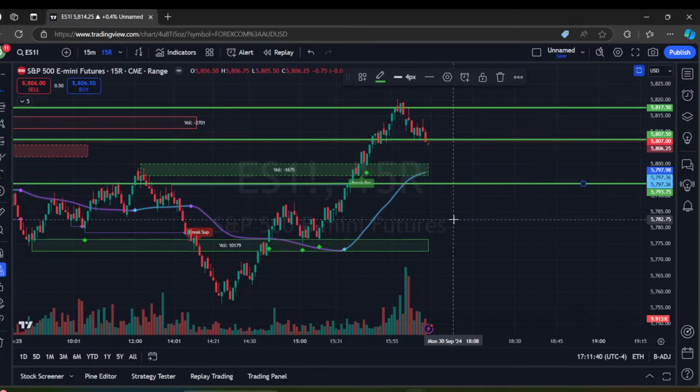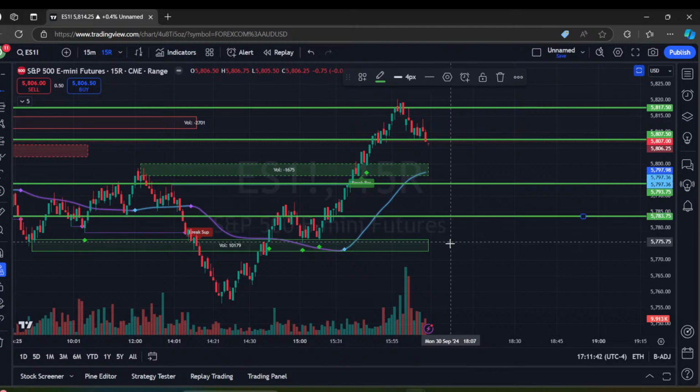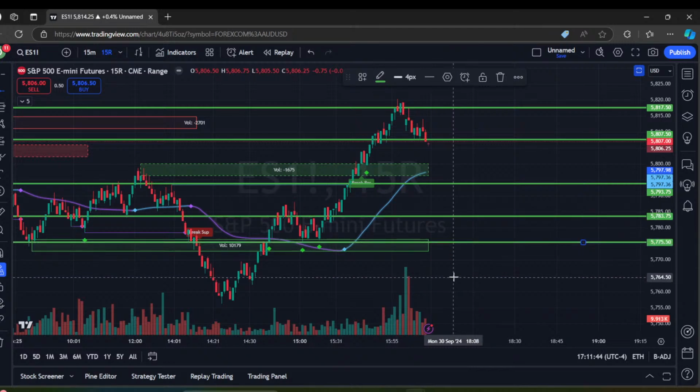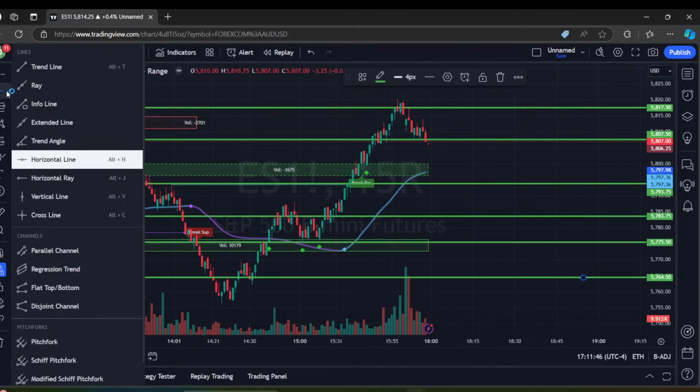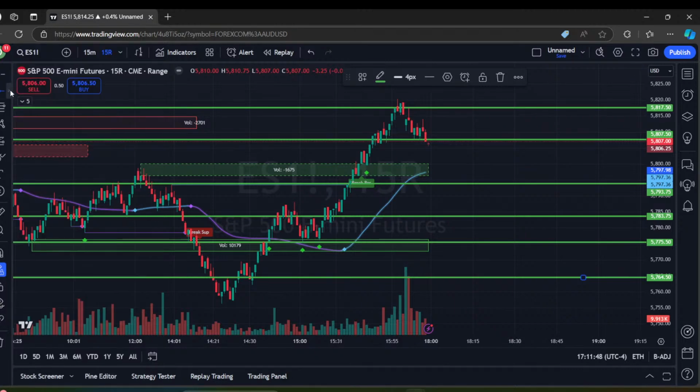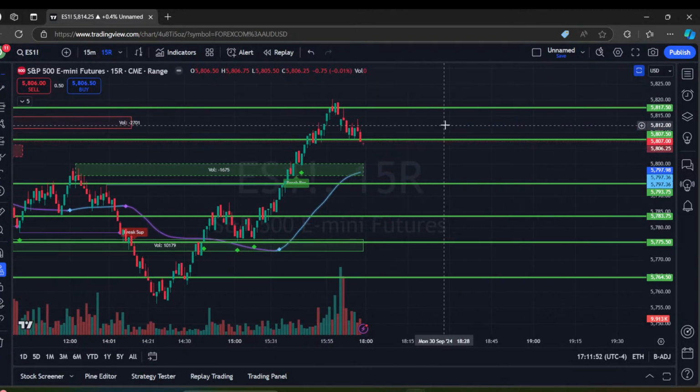What else do we have? You could also use, if you want, Fibonacci, but I think those with experience would prefer using just their own custom trend lines.